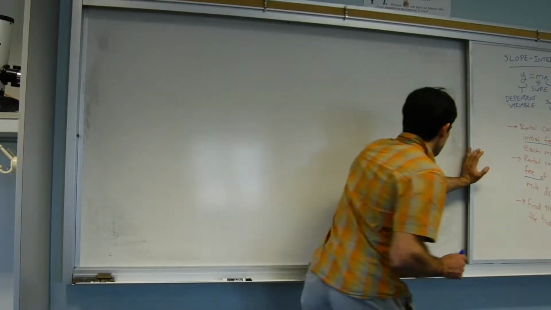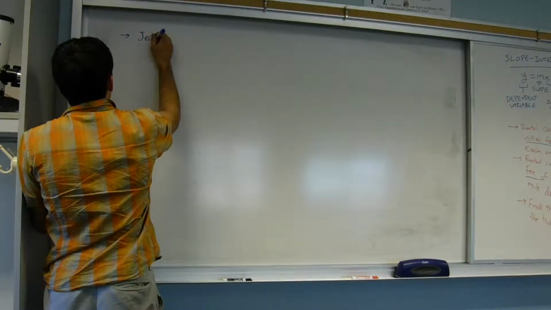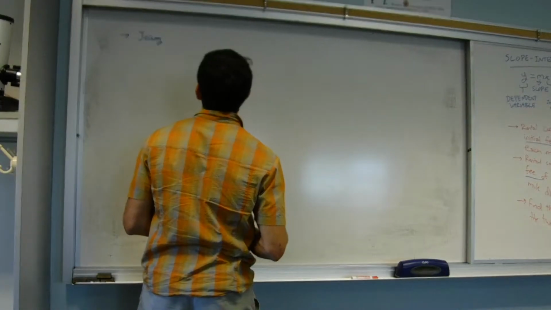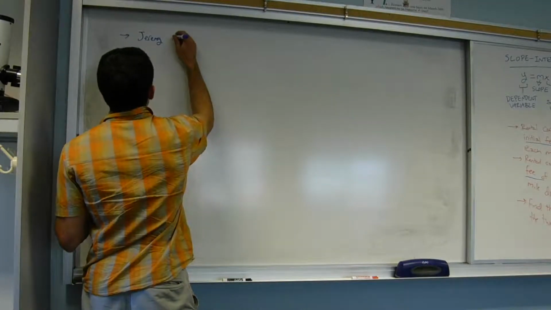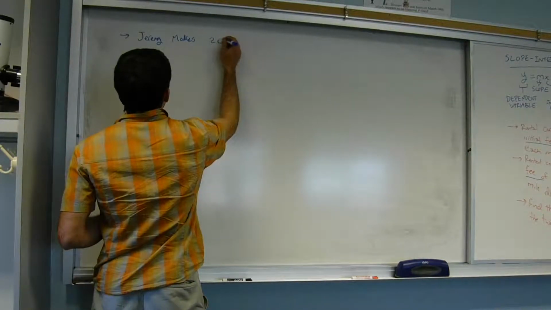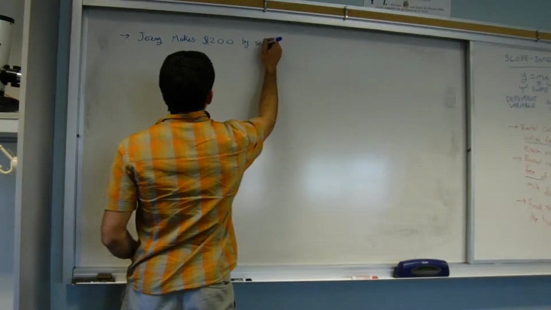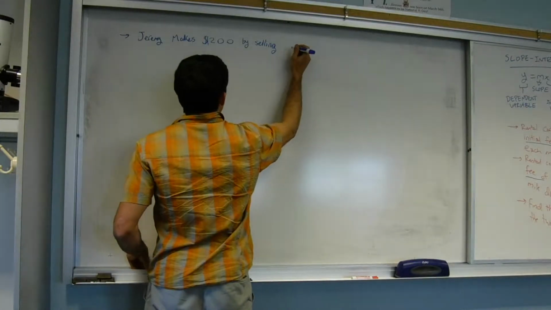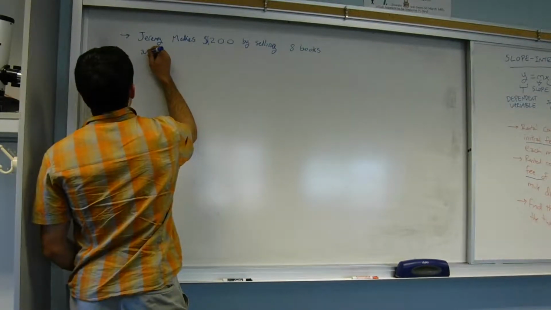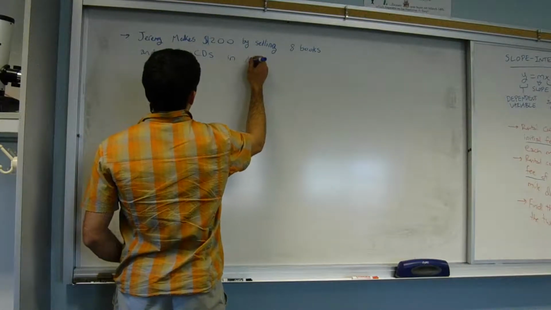Move this whiteboard away. So let's say Jeremy makes $200 by selling 8 books and 12 CDs in April.